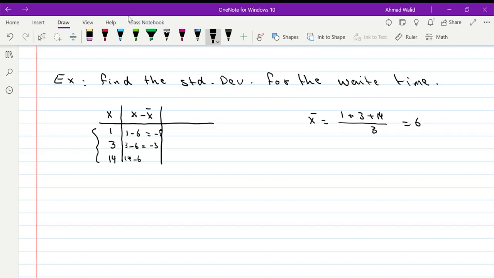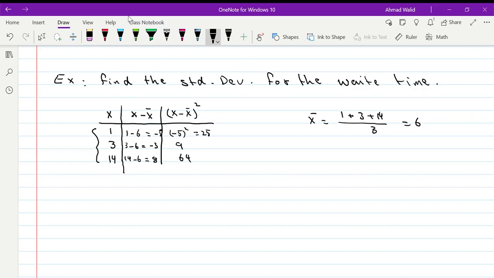Correct? In the next column, because you see here you got negative, I'll find x minus x bar squared. It means just square these numbers. Negative 5 squared gives you 25 positive. Negative 3 squared gives you 9. Positive 8 squared gives you 64.